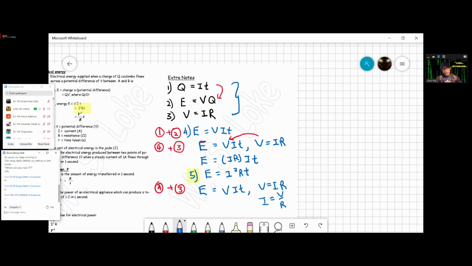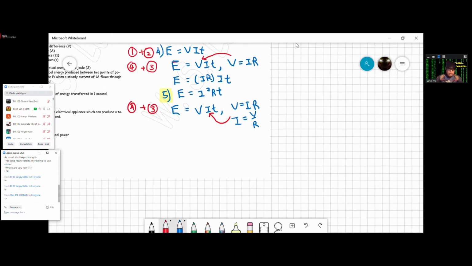Okay, now I'll play some algebraic arrangement on it. Put this I in here. That means what you're going to get is something like this. You will get E equals V over R, T. So E becomes V squared over R, T. Can you see that?